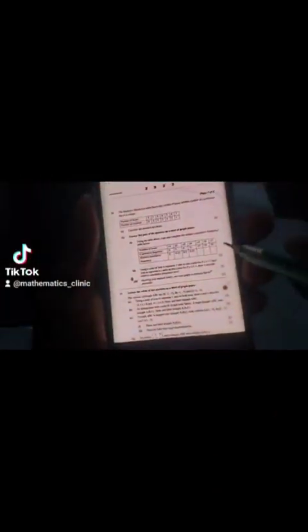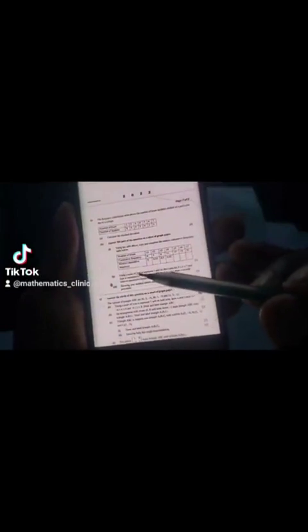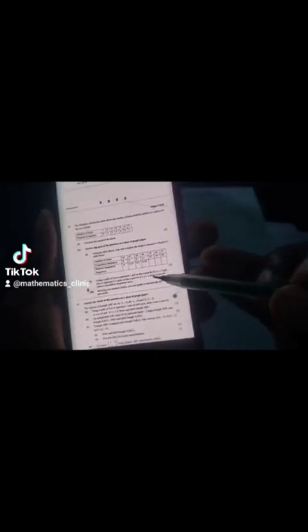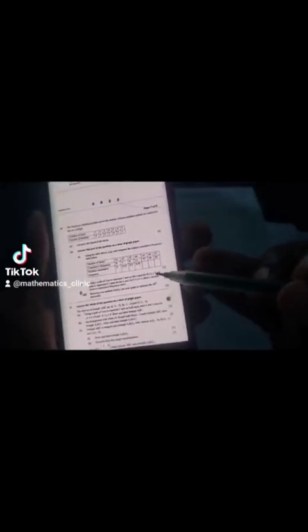Now that we have finished the table, which is part 1, we go to part 2. We are saying using a scale of 2 centimeters to represent 1 unit on the x-axis, so we have 0 all the way to 7.